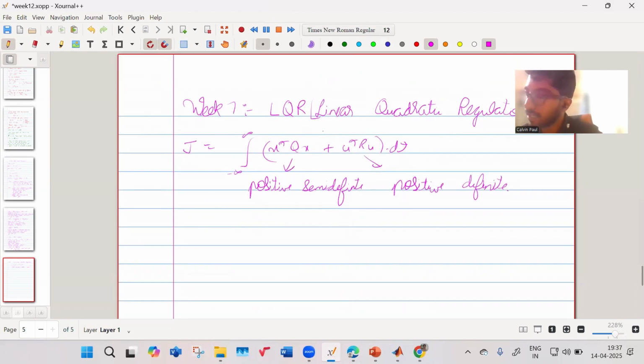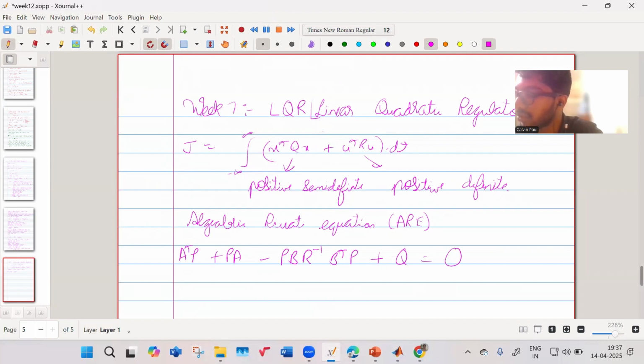And you get an algebraic Riccati equation, ARE, that is A transpose P plus PA minus PB R inverse B transpose P plus Q equal to the zero n by n matrix.